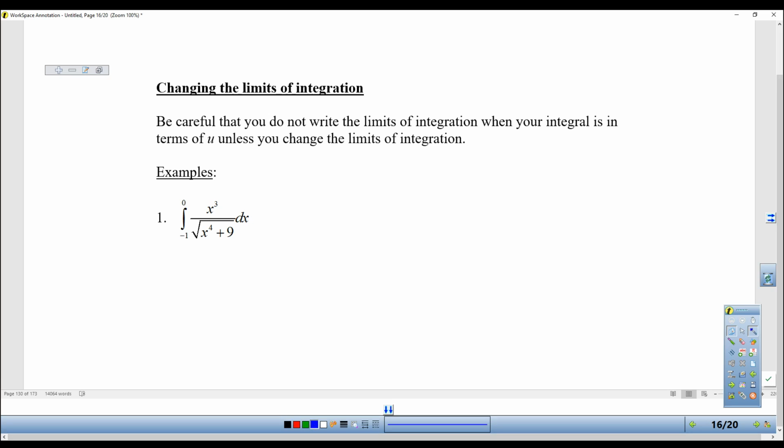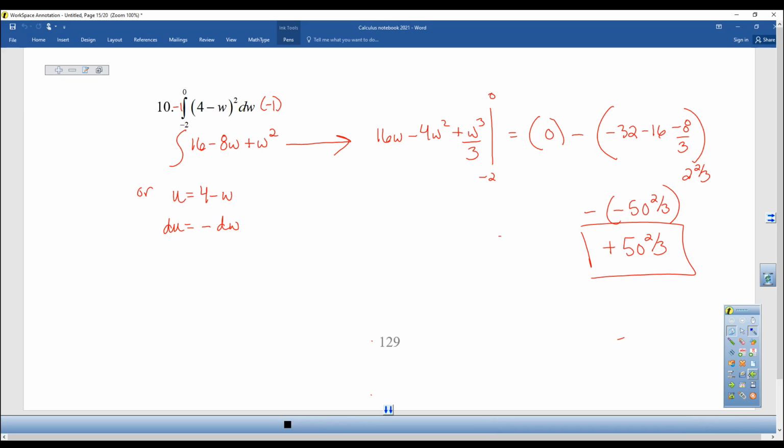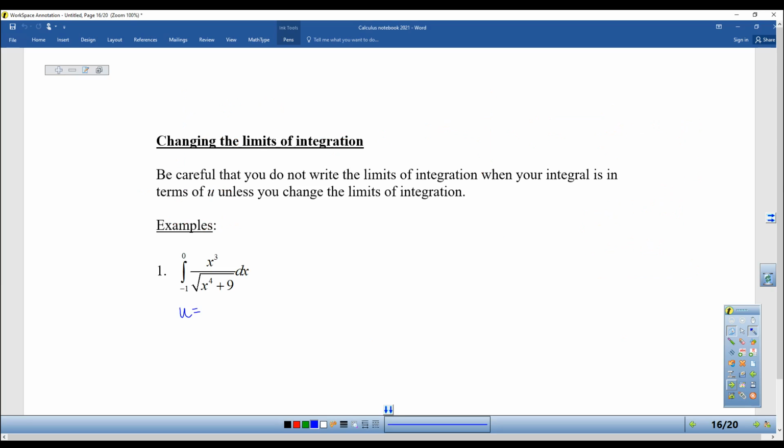So changing the limits of integration just means that, remember how I told you you had to leave this blank if you had a u substitution? We're actually going to fill that in now. So u is equal to x to the 4th plus 9, and du is equal to 4x to the 3rd.